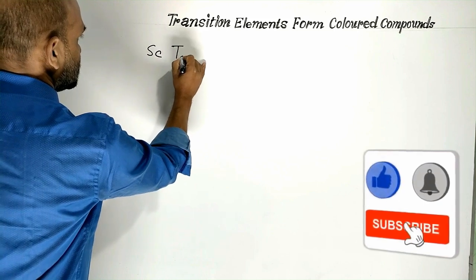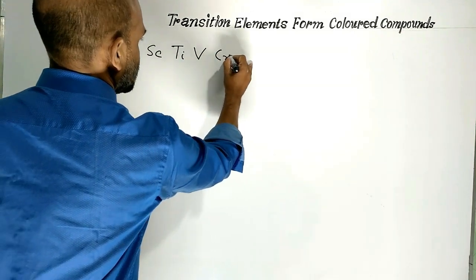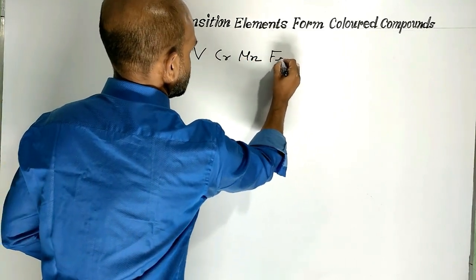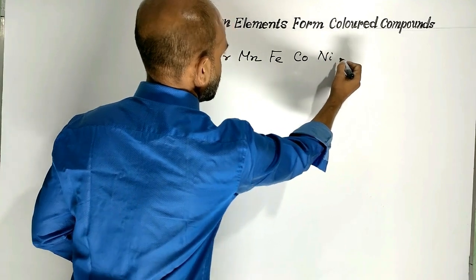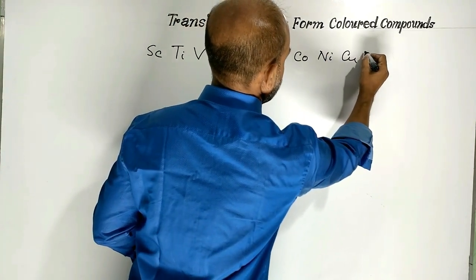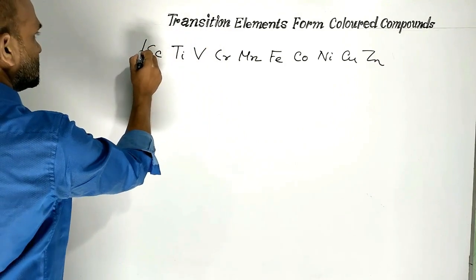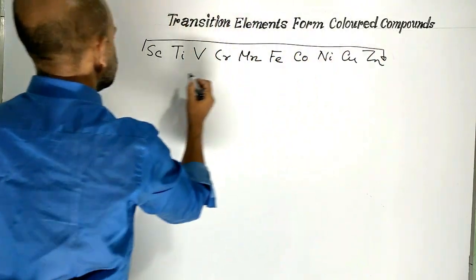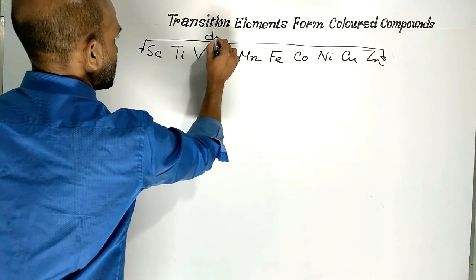Scandium, titanium, vanadium, chromium, manganese, iron, cobalt, nickel, copper, zinc. Here, all these elements are D block elements.